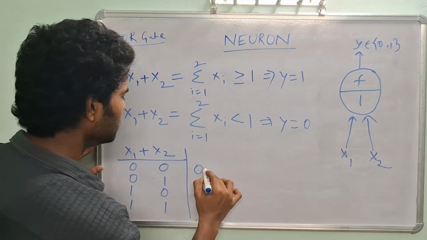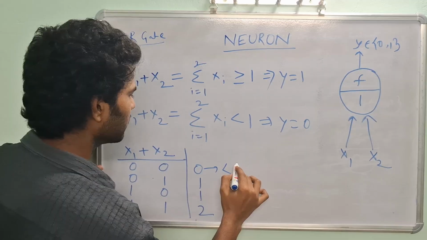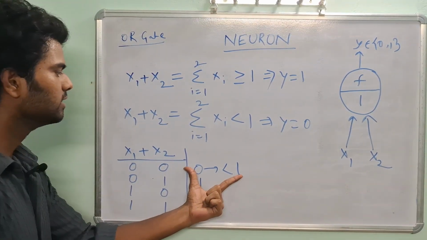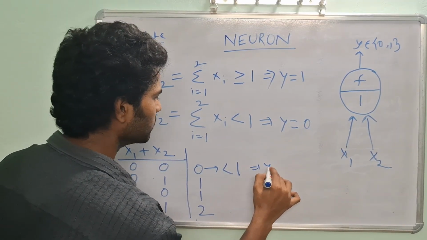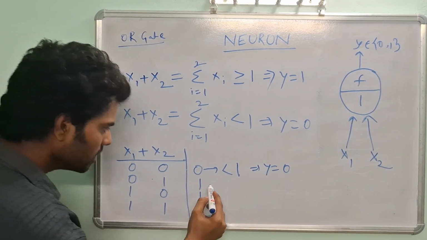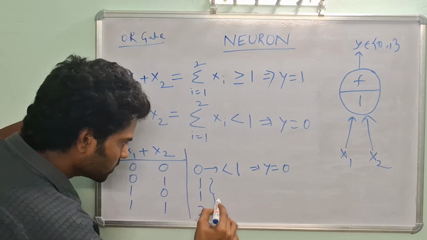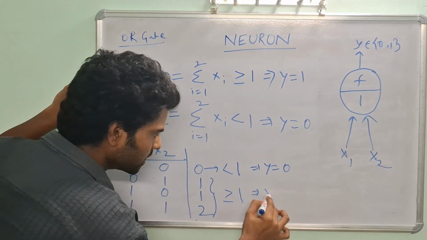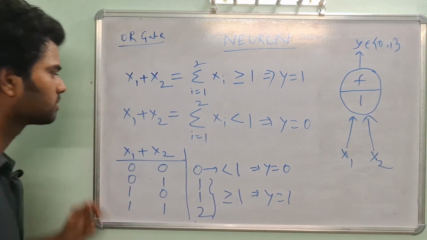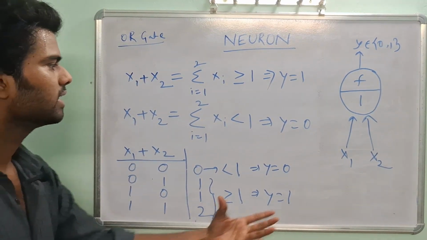In this case, this is less than the threshold value, so the output becomes 0 only. These three outputs are greater than or equal to the threshold value, so the output becomes 1. So this is exactly how the OR gate works.